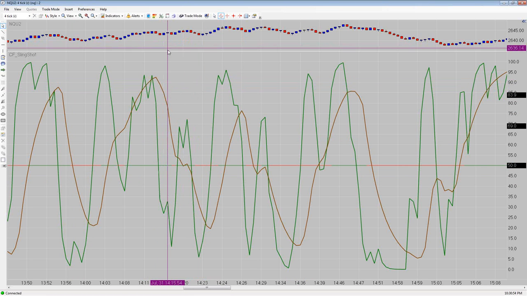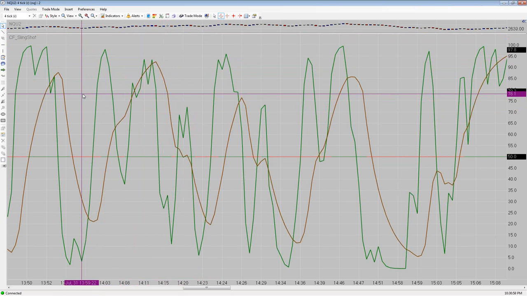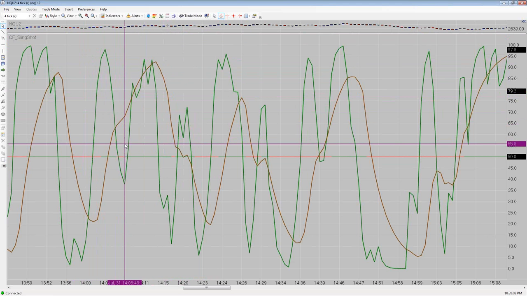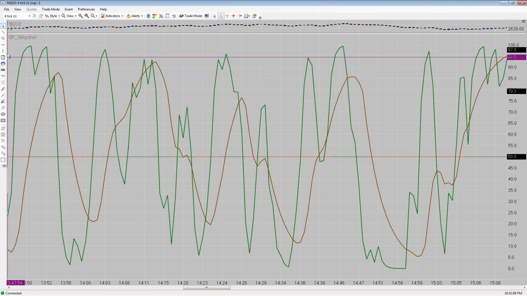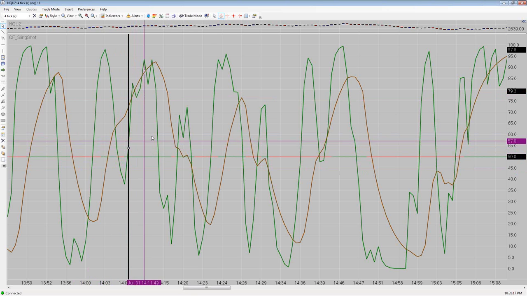Now, without looking at price, I'm going to pick out some spots here where it's just a total momentum trade, and usually good for a quick 5 to 6 ticks. I don't know what price looks like, but I'm going to say right there, price was moving up, and you had an opportunity to enter.